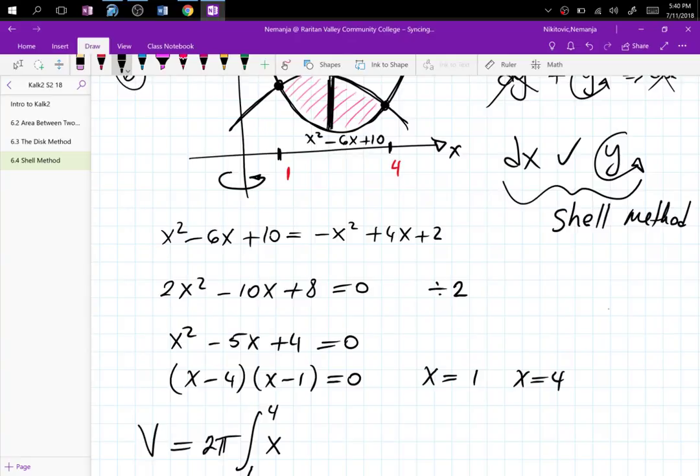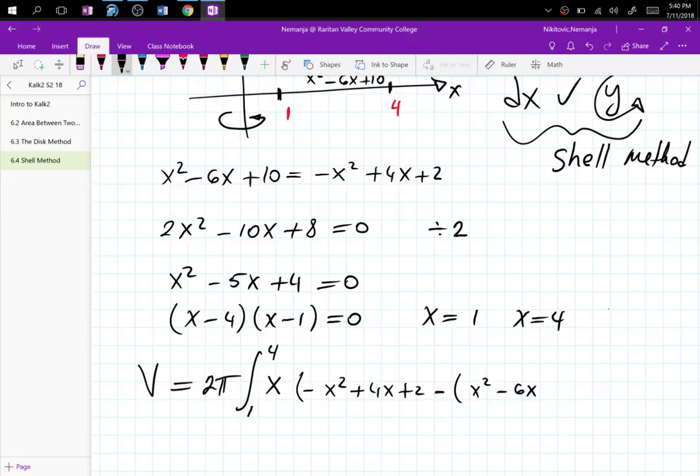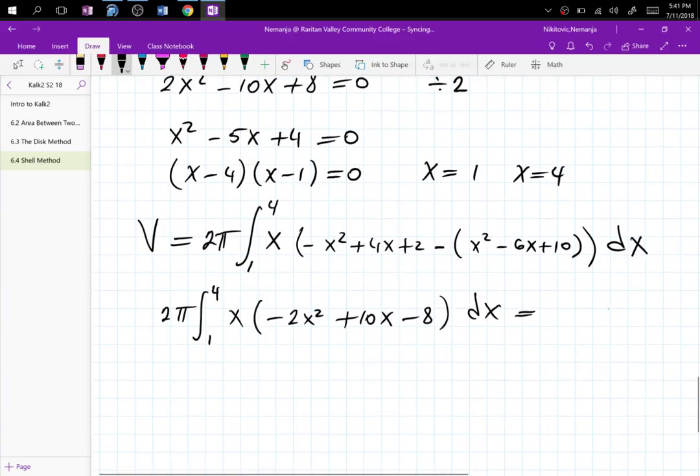And we have the top function minus the bottom function, so that's going to be negative x squared plus 4x plus 2 minus the function on the bottom, which is x squared minus 6x plus 10, and all of that dx. 2 pi integral 1 to 4 x times, and now we have negative 2x squared plus 10x, and 2 minus 10 is minus 8, dx, and now you distribute x in front, and then you can finally integrate.